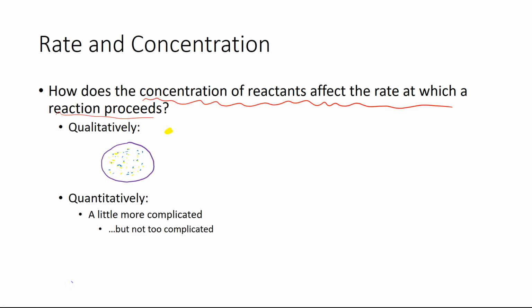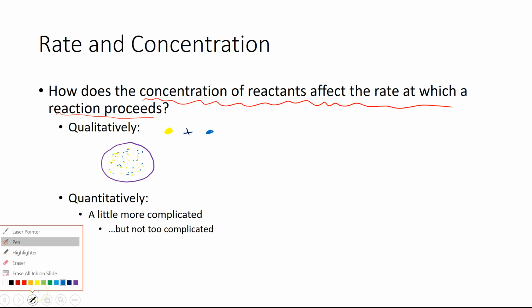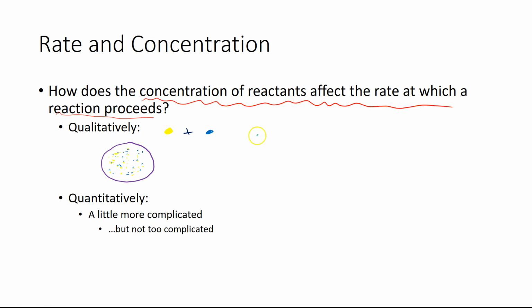All right, and in this reaction, my yellow plus my blue is going to give me what color? What does yellow and blue make when I do this? It's going to give me green, right?